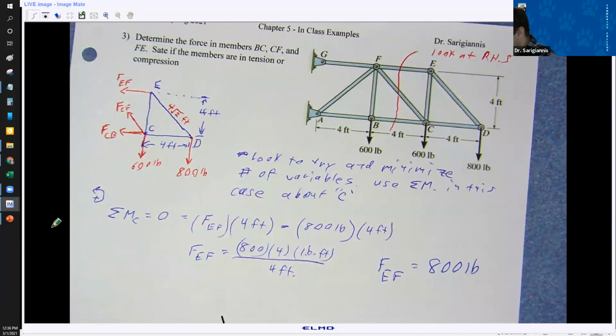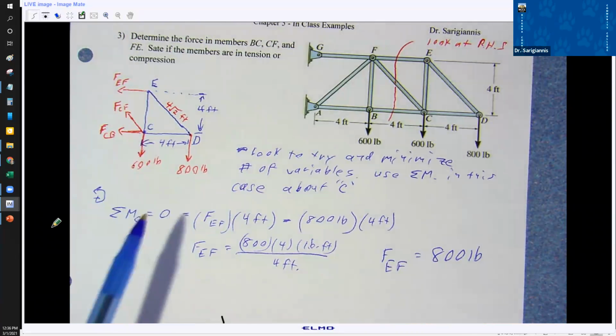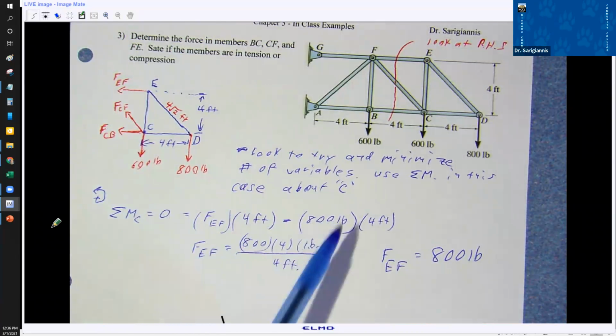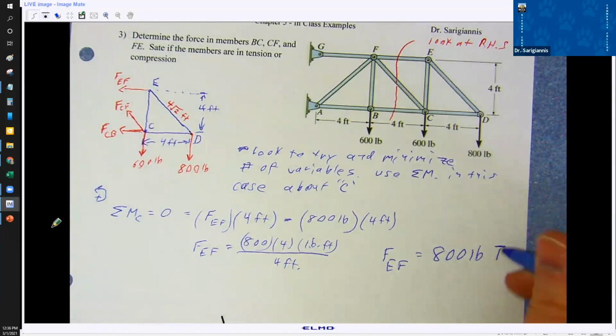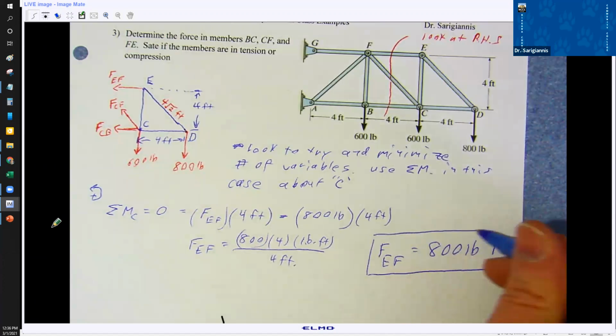And is the member in tension or compression? In this case, we drew it in tension, we set up the equations and treated it as if it were in tension, and we got a positive value. So it is in tension. So that's the answer to that one. Force EF is 800 pounds, and that is in tension.